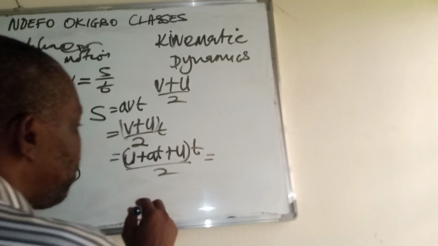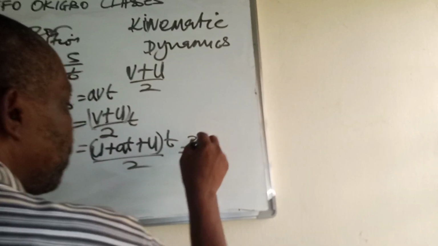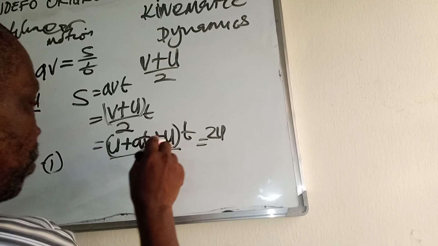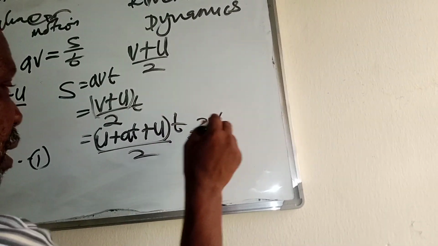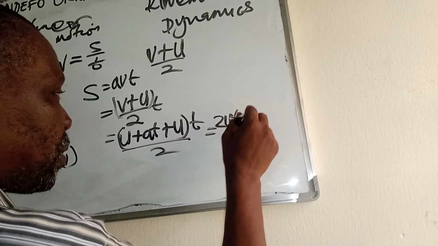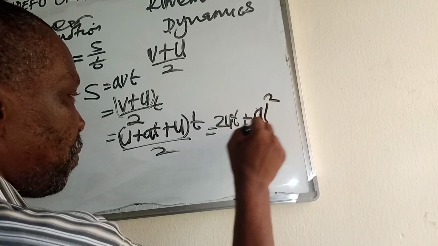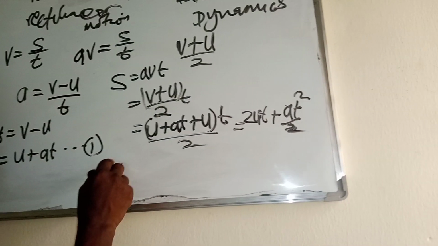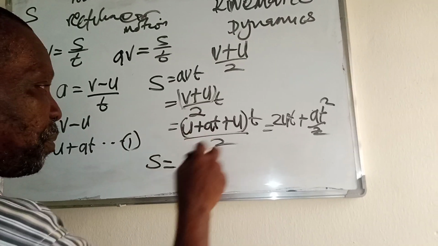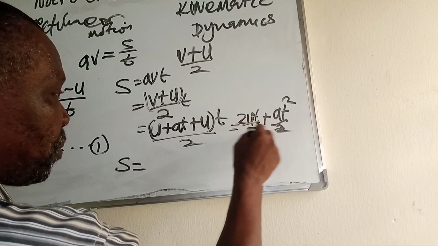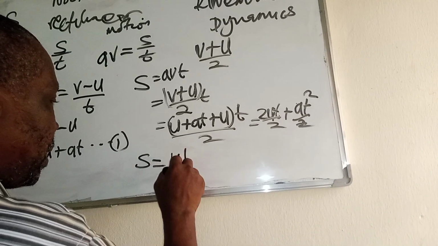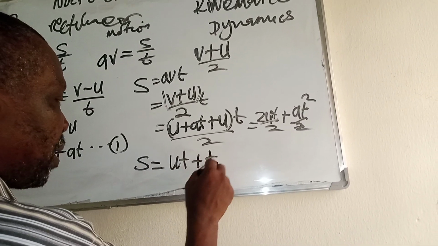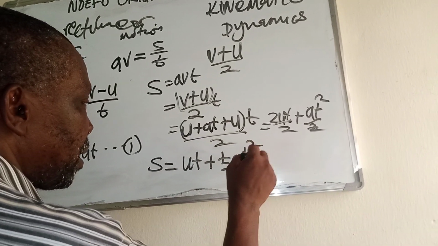That is 2u t plus at squared over 2, which means that s is equal to ut plus half at squared, as the 2 cancels.